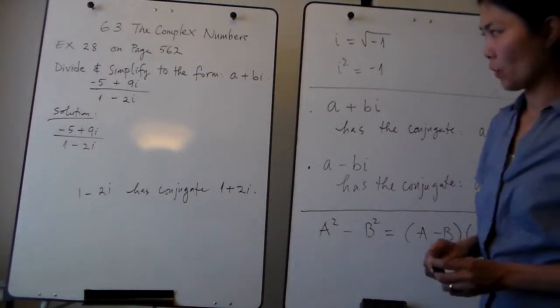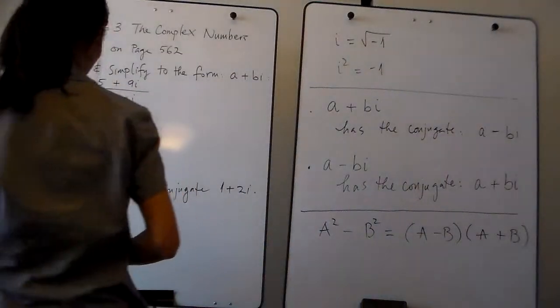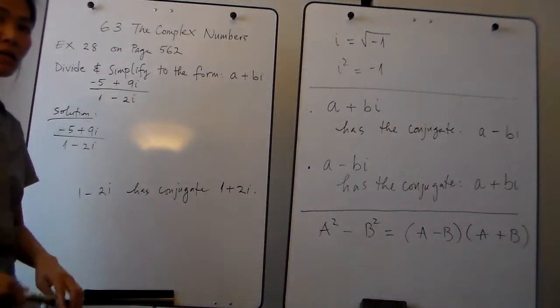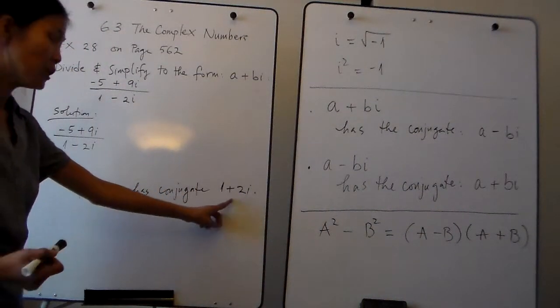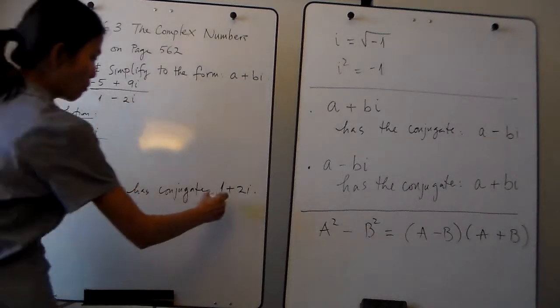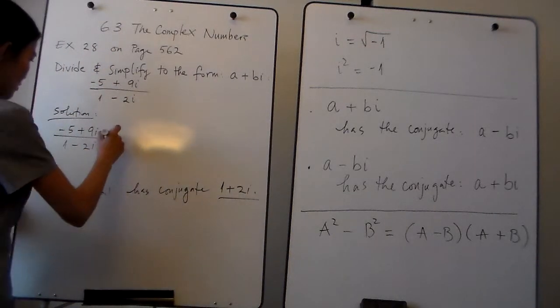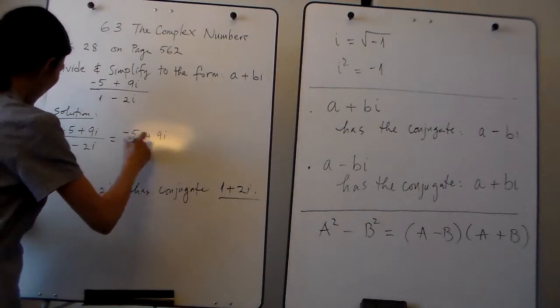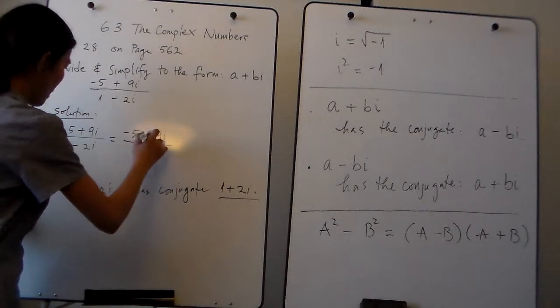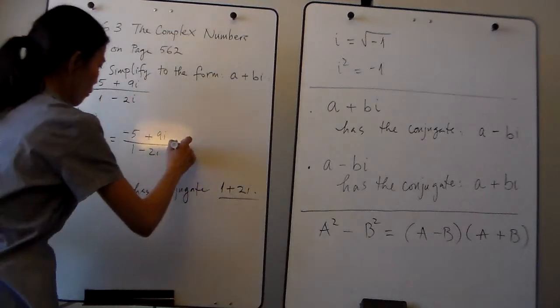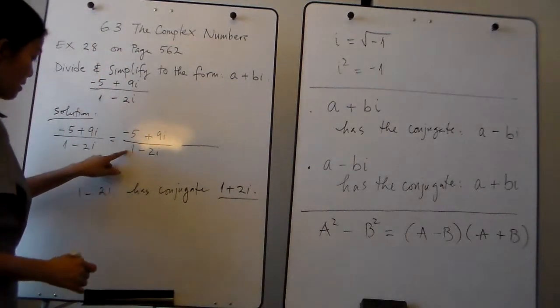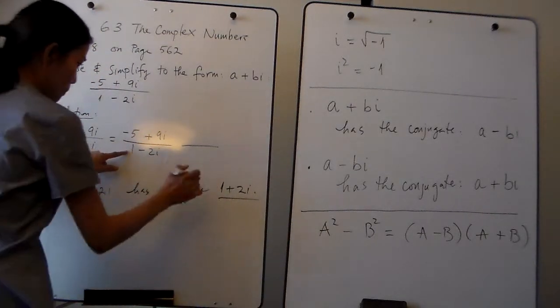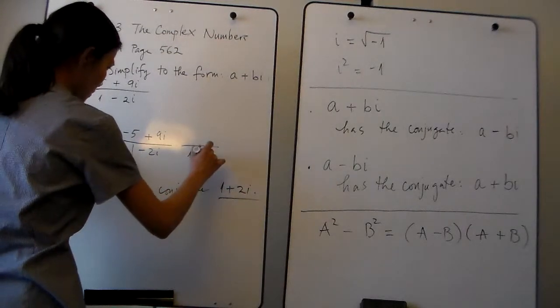Now, we're going to multiply by 1, and this 1 is in terms of the conjugate of the denominator, which is 1 plus 2i.